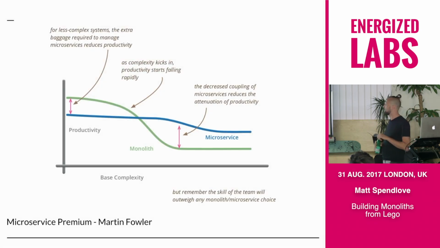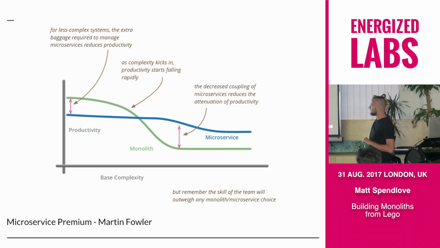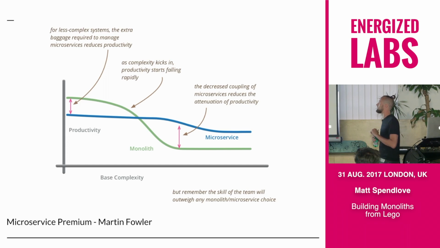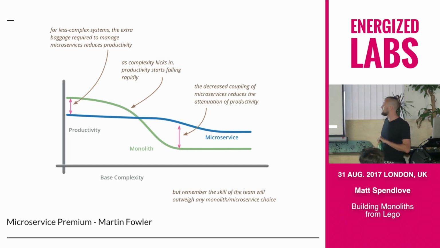All right, so probably fairly famous, this slide. It's what Martin Fowler calls the microservice premium. So you've got complexity going on the x-axis and productivity on the y. And the point being that for less complex systems, there's a lot more baggage to create and manage microservices at the start point, right? And then as you move up the complexity, you eventually get to a point where the benefit of microservices pays off, right?